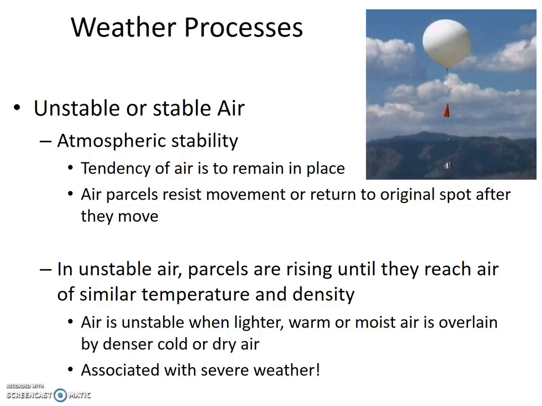If air is stable, air parcels resist movement or return to the original spot after they move. In unstable air, parcels keep rising until they reach air of similar temperature and density. Air is unstable when lighter, warm, or moist air is overlain by denser, cold, or dry air. This is associated with severe weather.